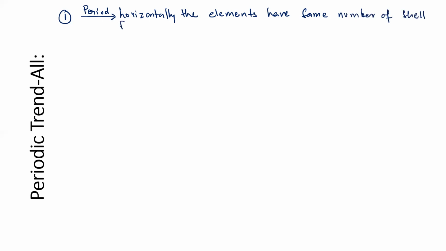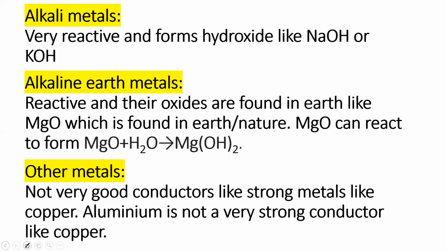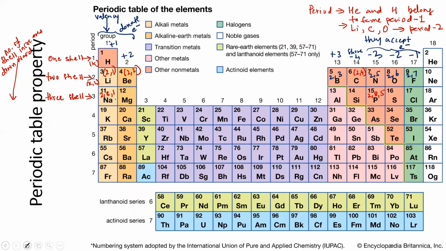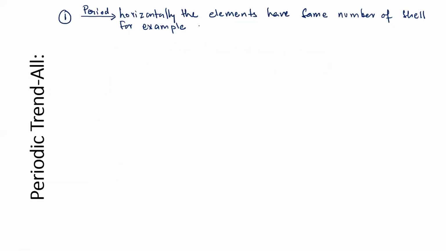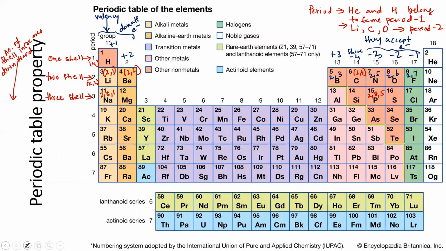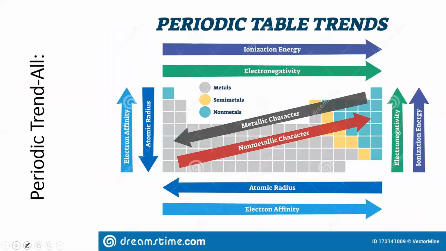For example, let's go back and see that example once. Let's say sodium and phosphorus. Sodium's atomic number, if you go back there, you will see is 11, and phosphorus is 15.